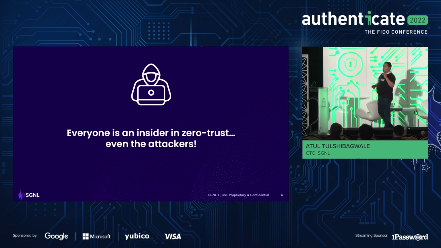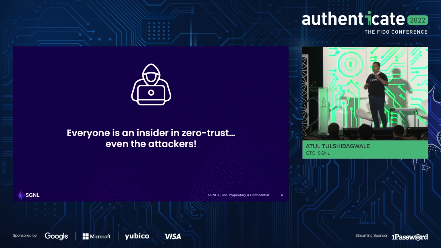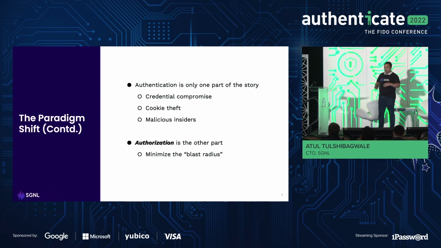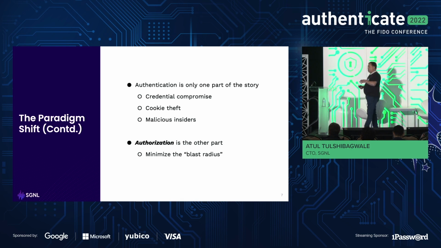If you look at the news, about 60% of the attacks now are actually based on identity compromise. It could be based on credential compromise, tricking people into giving up their phishable MFA, one-time passwords, and things like that. What you have to realize is that it's just not all about authentication.